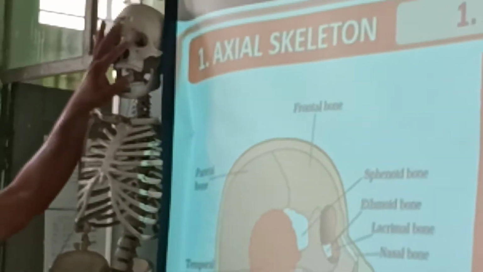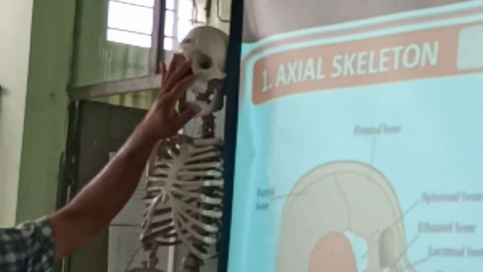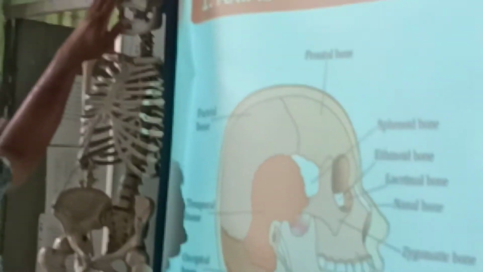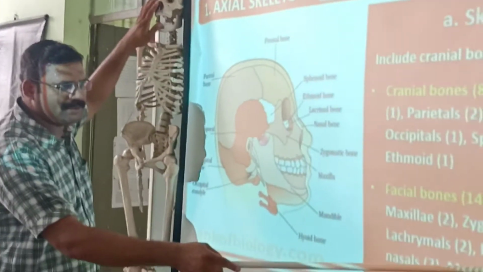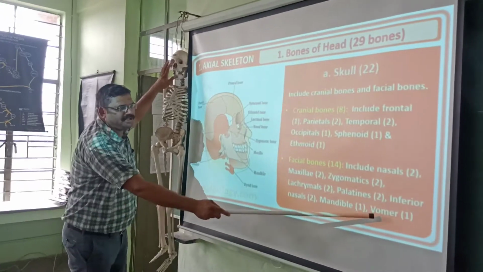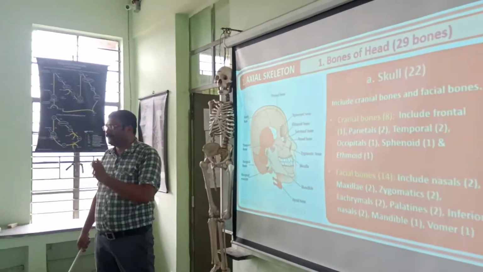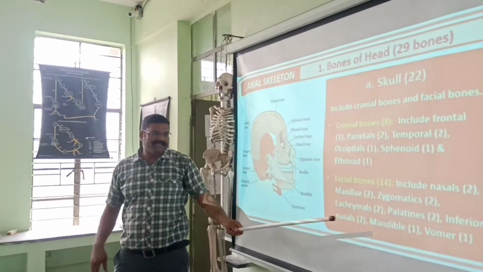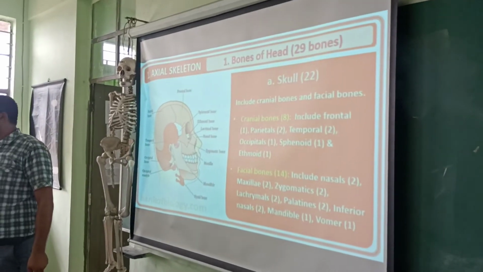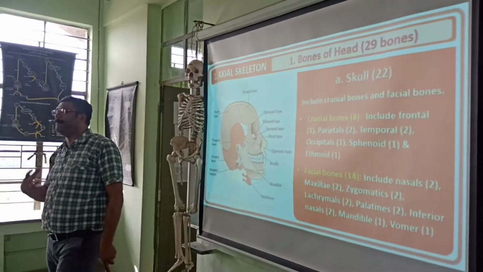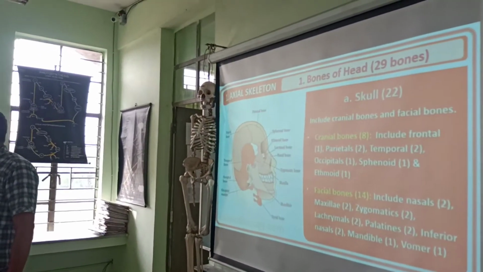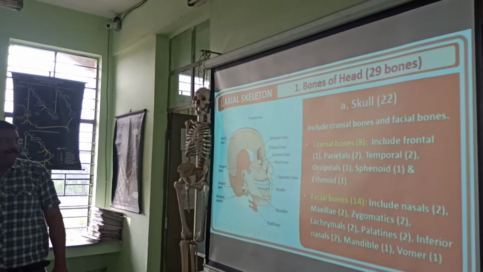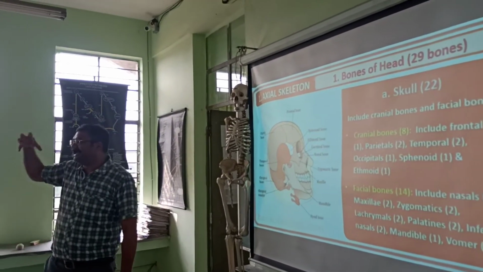They are invisible from the front side, but still present in the human skeleton. And the mandible is the movable bone, which helps in the process of mastication. So these are the bones present in our skull.